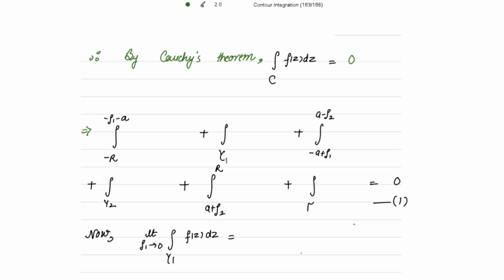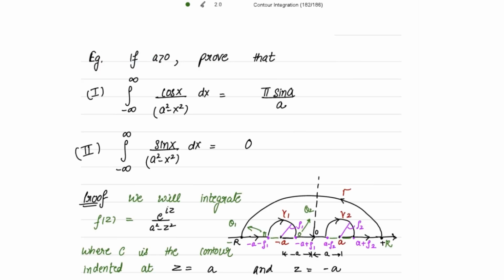Now this contour C is split into several parts: from minus r to minus a minus rho 1, then along gamma 1, then along the real axis from minus a plus rho 1 to a minus rho 2, then along the gamma 2 semicircle, then along the real axis from a plus rho 2 to plus r, followed by the semicircle tau from plus r to minus r.